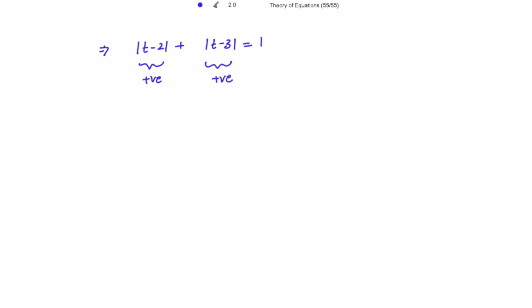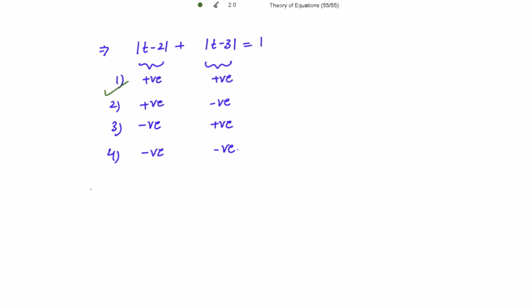Then this can be positive and this can be negative. Third, this can be negative and this can be positive. And the fourth, both can be negative. So we are going to take all these to get the solutions for this absolute value equation.